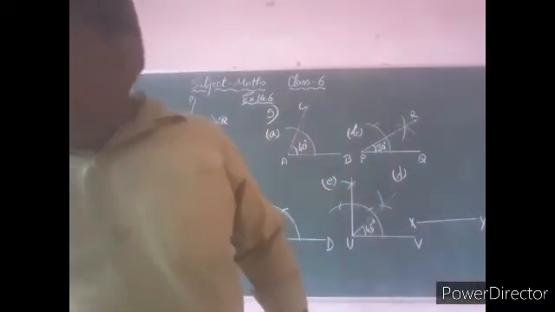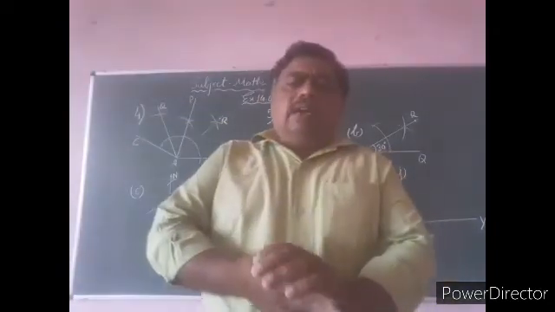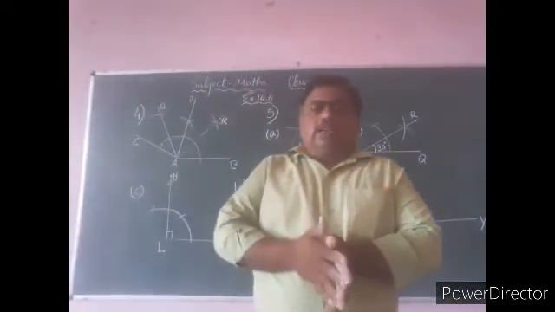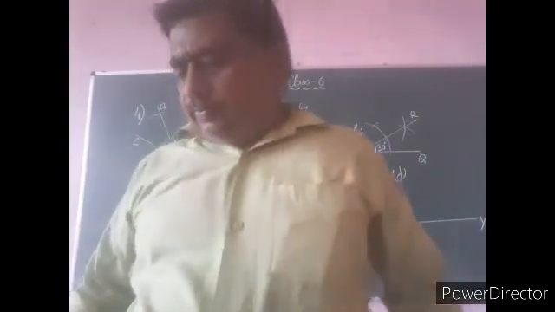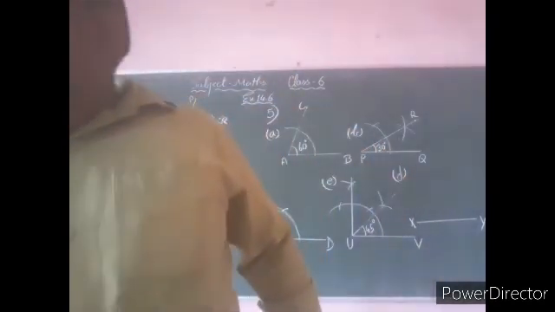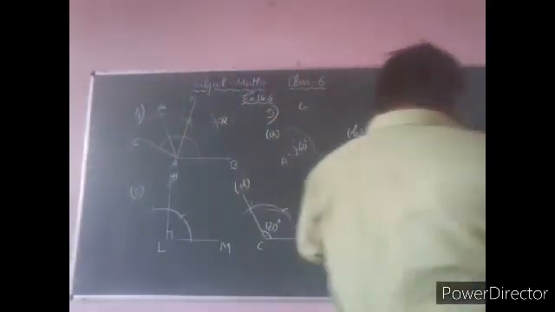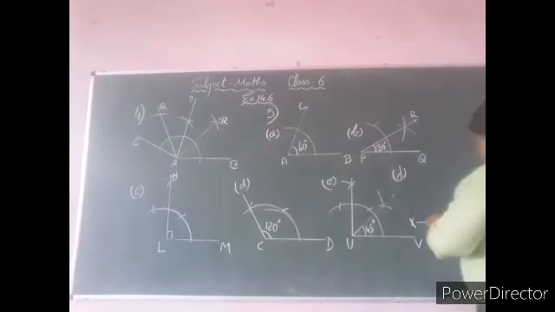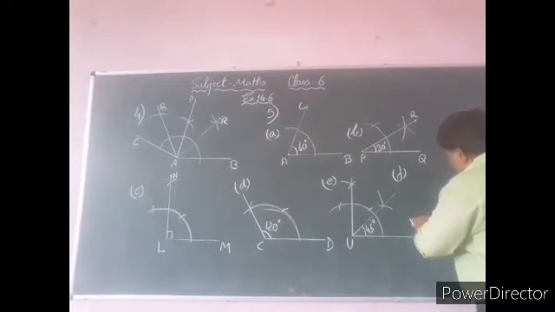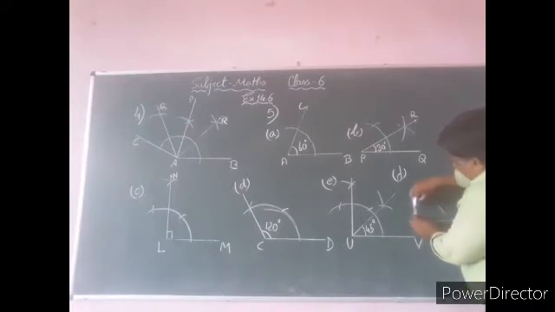For 135 degree, make an angle of 120 and 90 degree. So first of all we will make an angle of 90 degree as we have drawn earlier. Mark an arc of any radius.